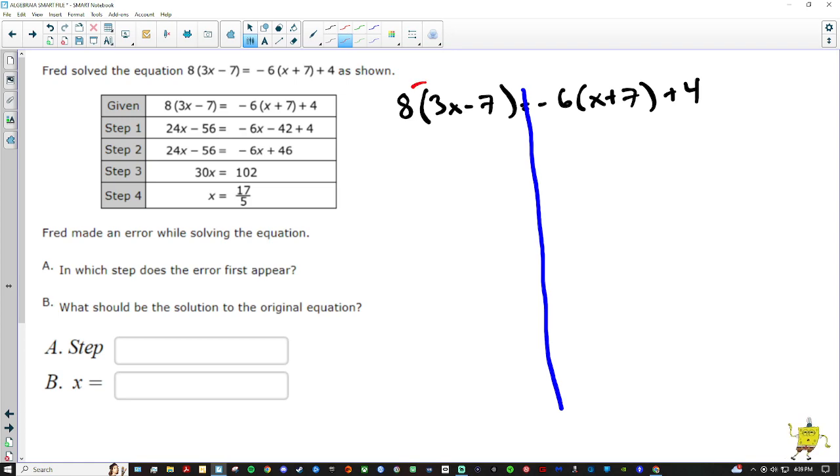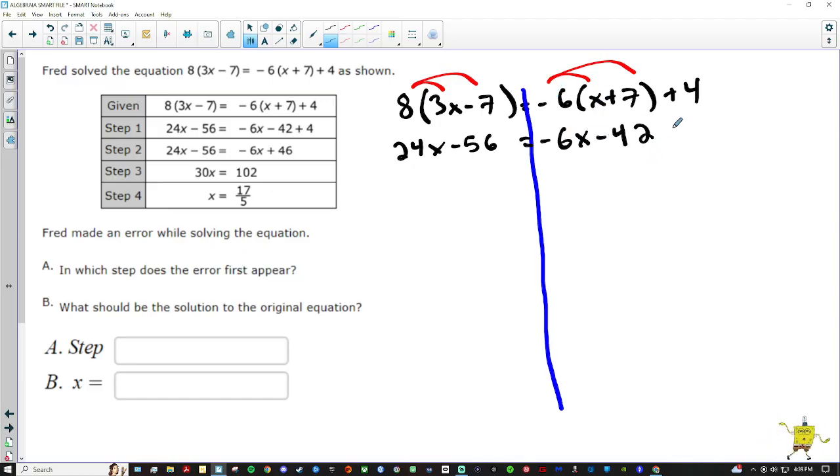So first, distribute. We have it on both sides. We have 24x minus 56 equals negative 6x minus 42 plus 4. So far, it is exactly the same, so step 1 is good.